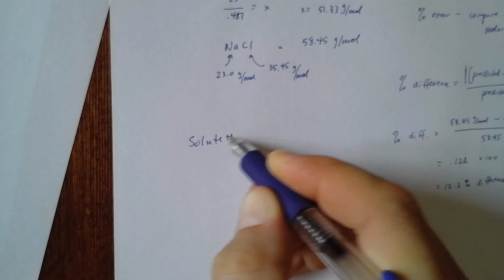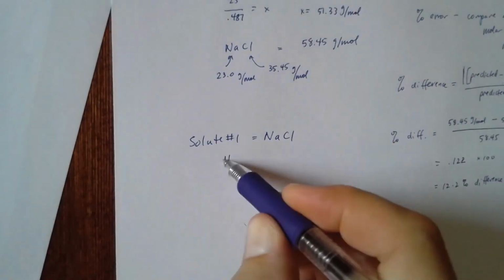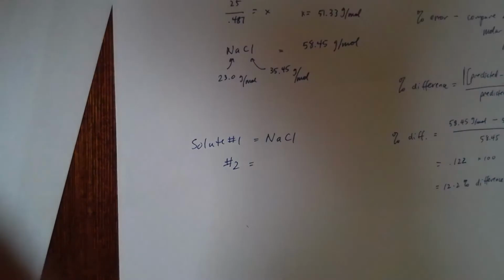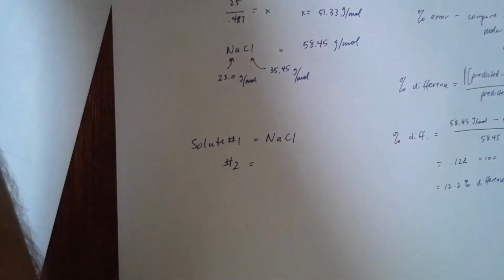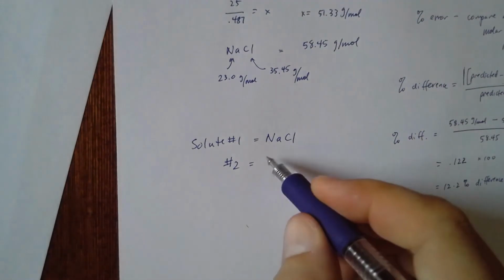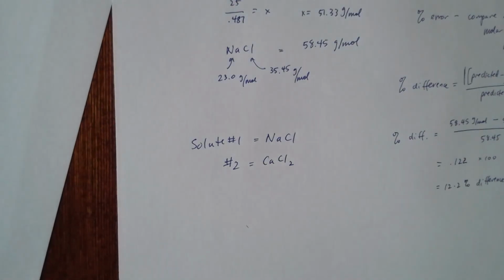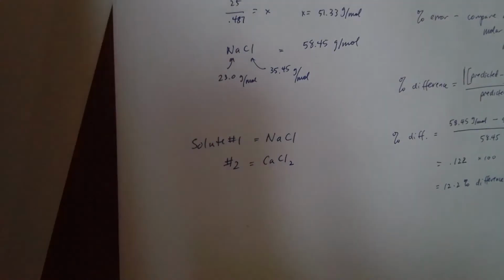Solute number 1 was NaCl. Number 2, I don't remember what order we put them in, number 2 was calcium chloride, and we'll talk about why that's CaCl2.